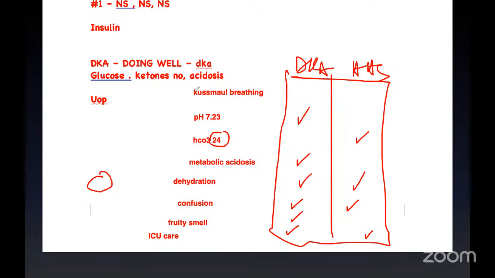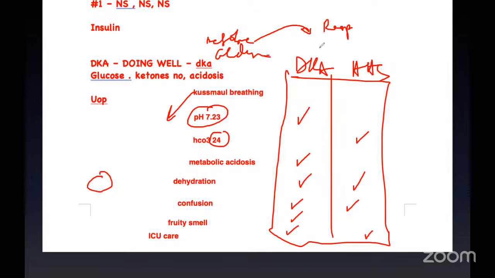Kussmaul breathing is designed to take care of the pH. If you watch my acid-base status video, you can tell that if you have metabolic acidosis, in order to compensate, you flip it to respiratory, and acidosis becomes alkalosis.